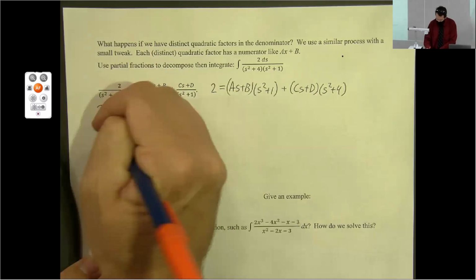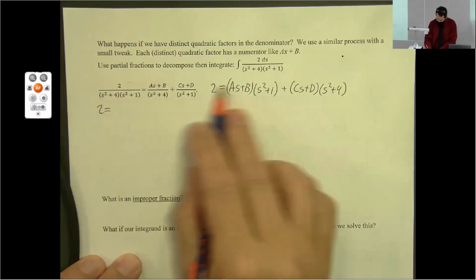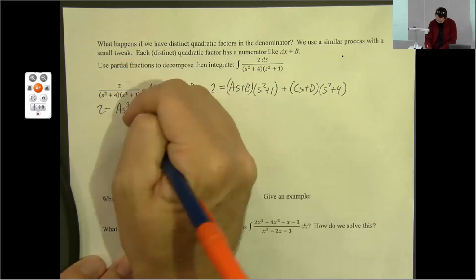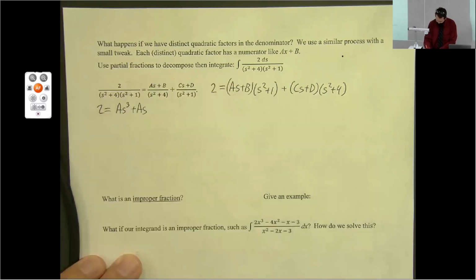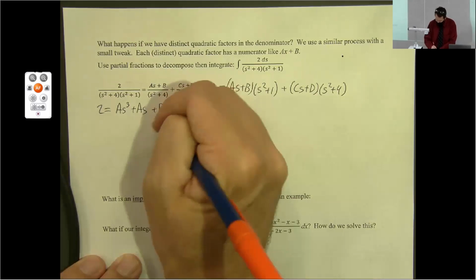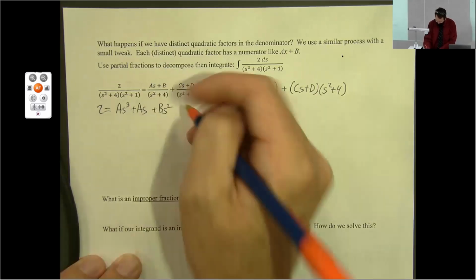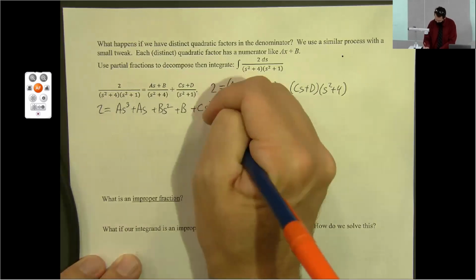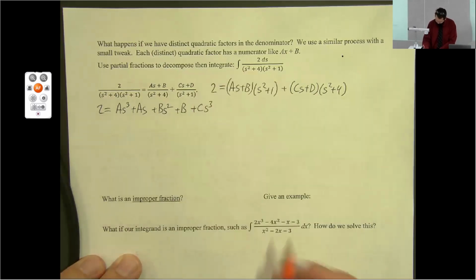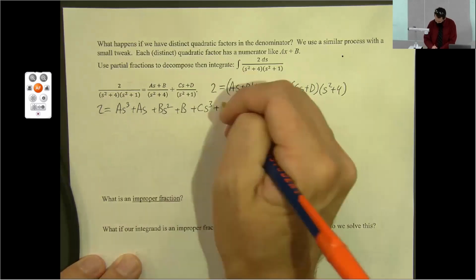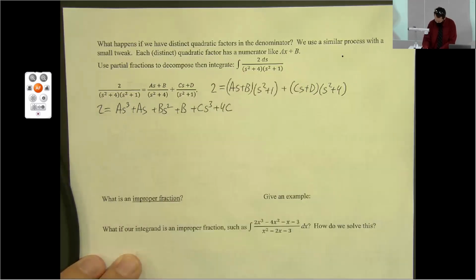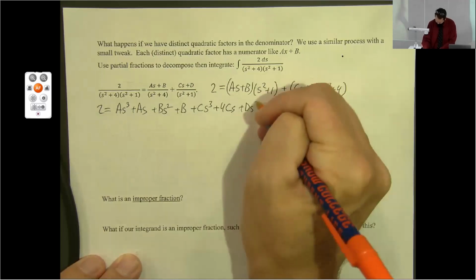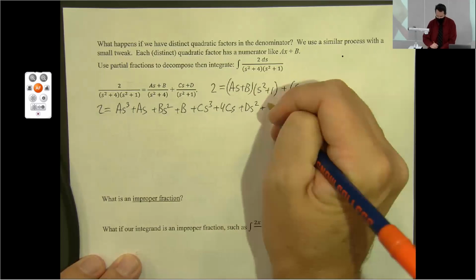2 is equal to, let's just go ahead and do it the other way. As cubed plus as plus bs squared plus b plus cs cubed plus 4cs plus ds squared plus 4d.